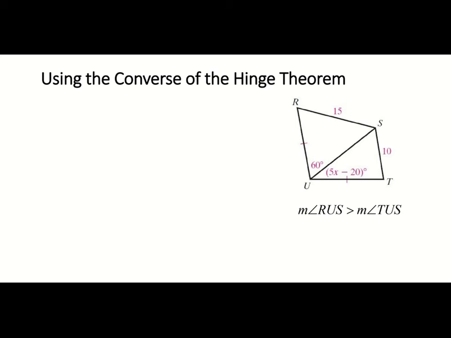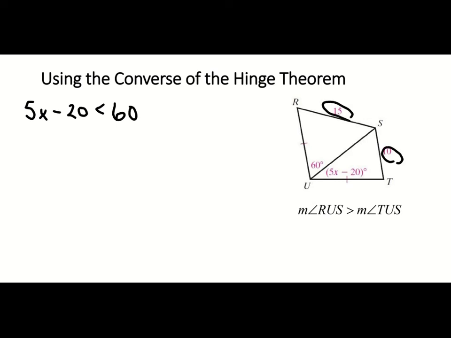We do know that the 5x minus 20 is going to be less than the 60 degrees. So when I want to find my upper limit for my range, I'm going to take my 5x minus 20, and I know that has to be less than 60 degrees because it's opposite a smaller side than the 60 degree angle.